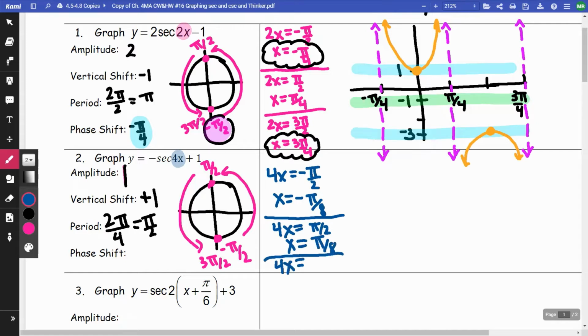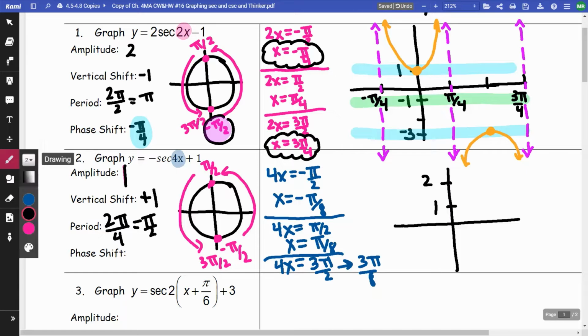And then when I set equal to 3 pi halves, I'm going to get 3 pi eighths. So this one is going to be going up 1. And then I'm going to go up 1 from there and down 1, so I'll be at 2 and 0. So for this one, my vertical shift is here.